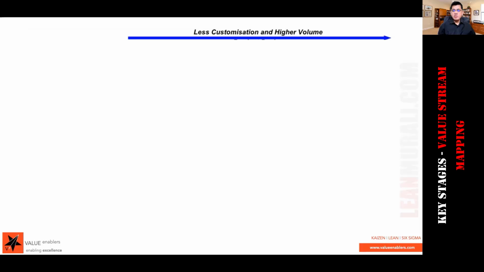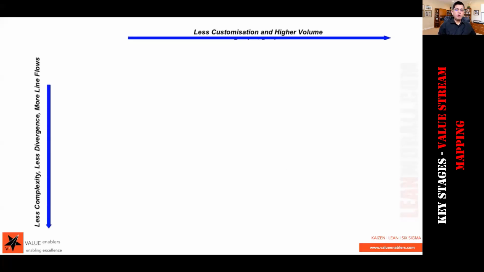Product design versus process characterization. Let me repeat it. What type of format of value stream map should we use for products that have a unique set of product design versus unique process characteristics? Let us go into the depth of it slowly.